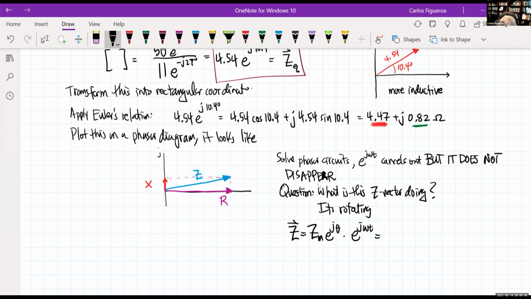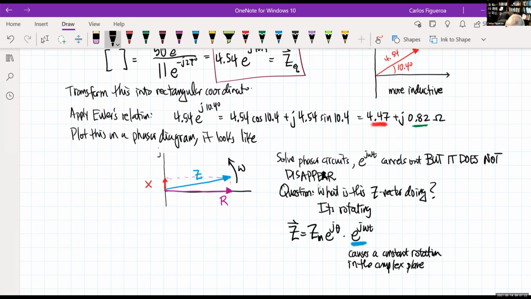So what really is happening is that this piece right here causes a constant rotation in the complex plane. It's an AC circuit, so it has to be doing it. So that means that this vector here is actually rotating at omega.